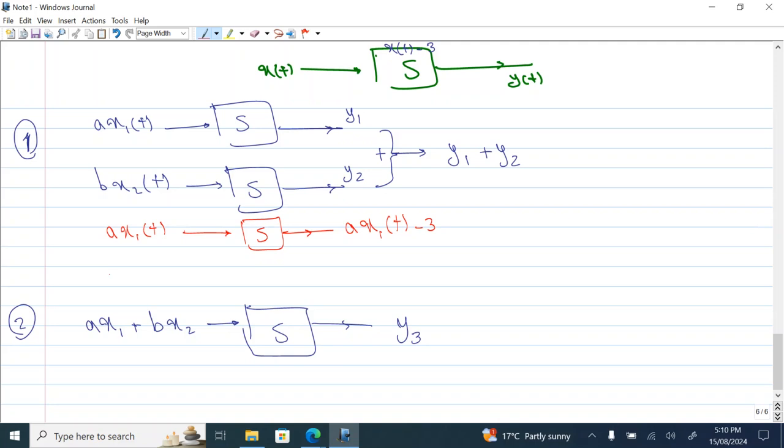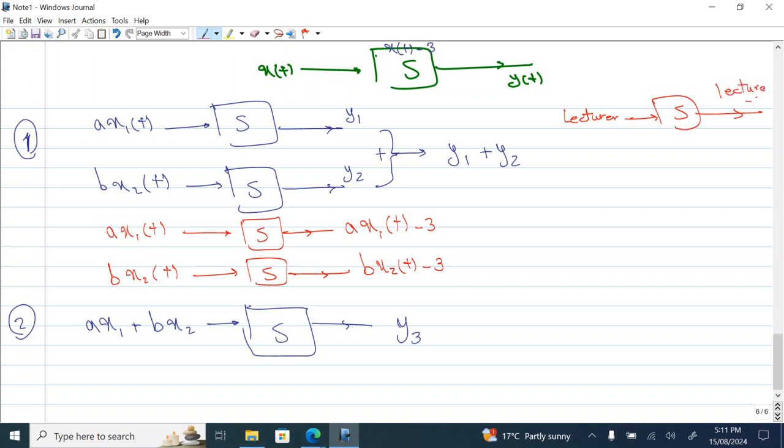Now, if I send b x2 to the system, what it gives me is b x2 minus 3. If I send the lecturer to the system, all it does is deduct 3 from the lecture. So you don't forget.